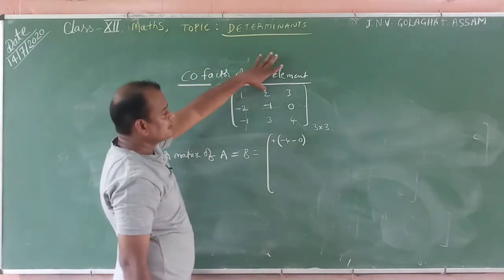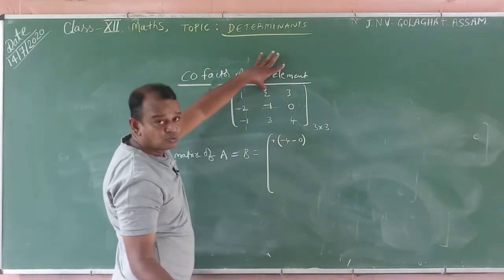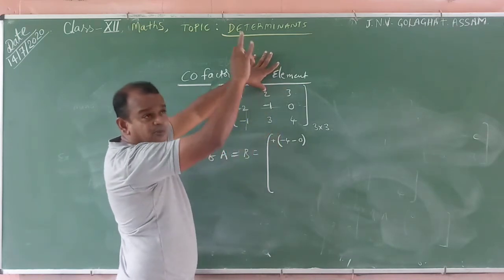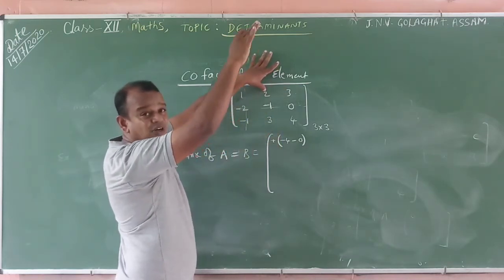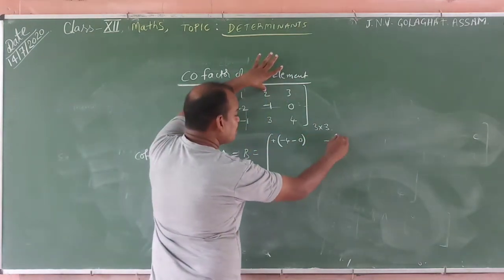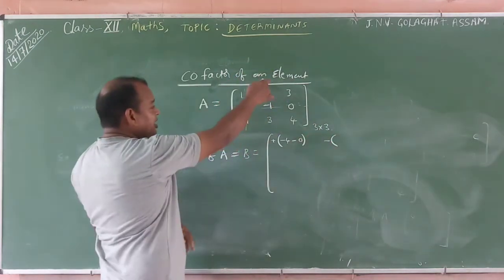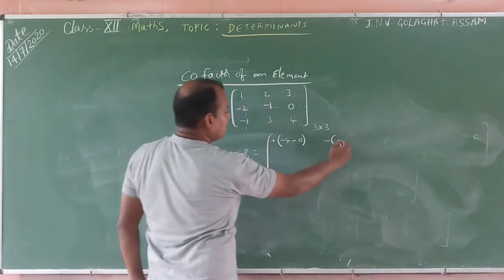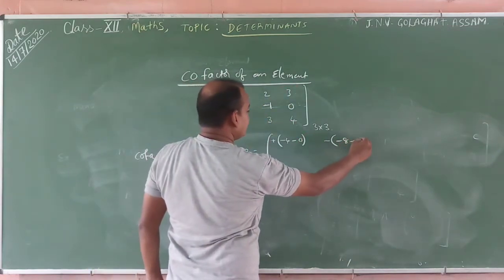Next, what is the cofactor of 2? This is the first row, second column. Minus 1 power i plus j means minus 1 whole cube, which is negative. Now deleting this row and column: -2 into 4 is -8, plus 0.